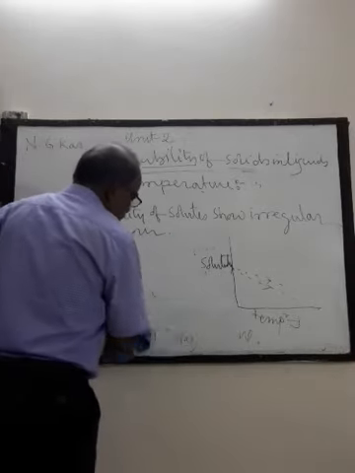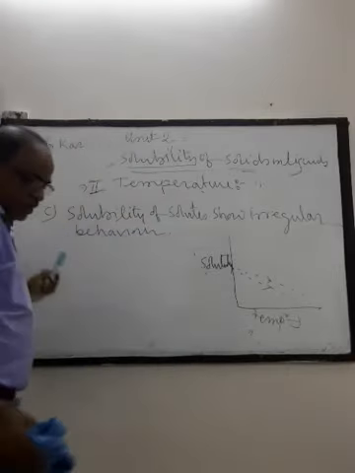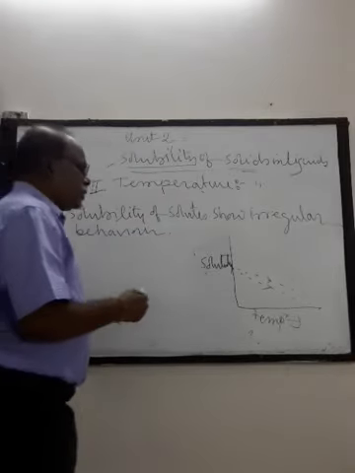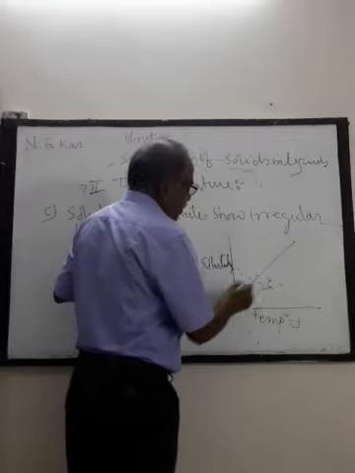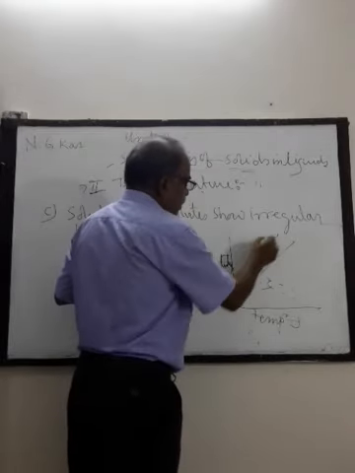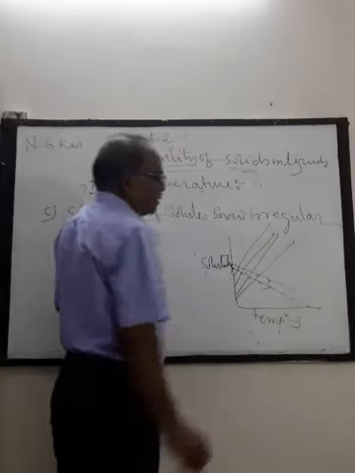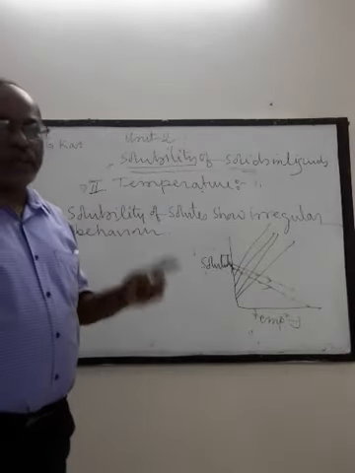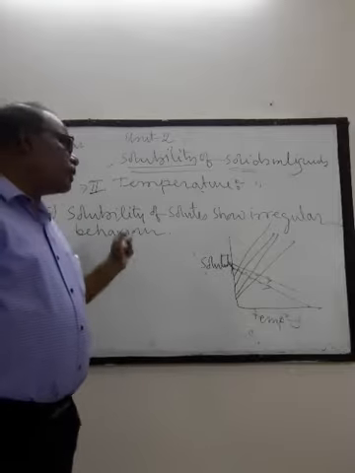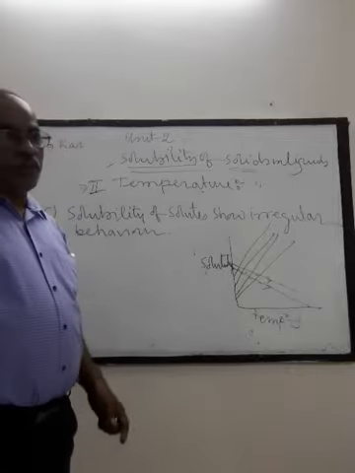In the first two cases there is regular behavior. Regular behavior means in the first case solubility is always increasing, and in the second case solubility is always decreasing. So this is called regular behavior. In the third case there is irregular behavior.